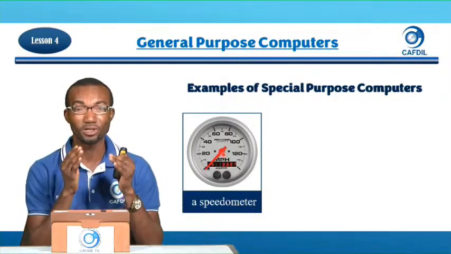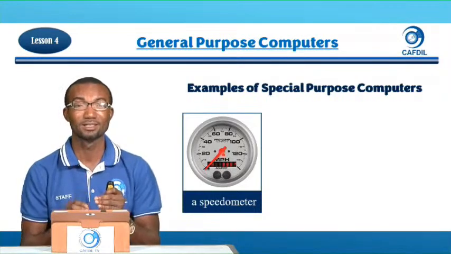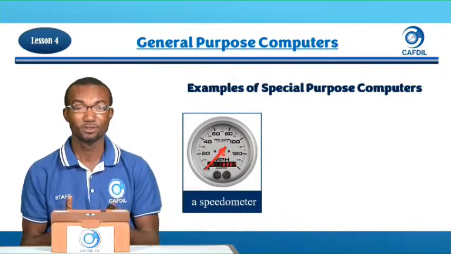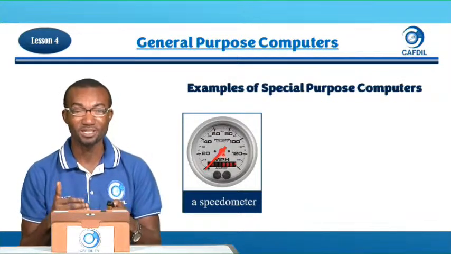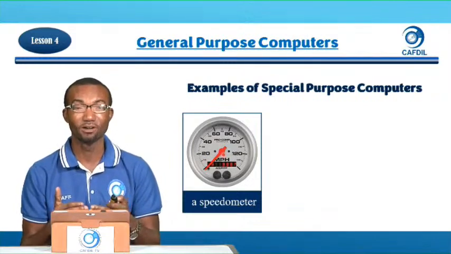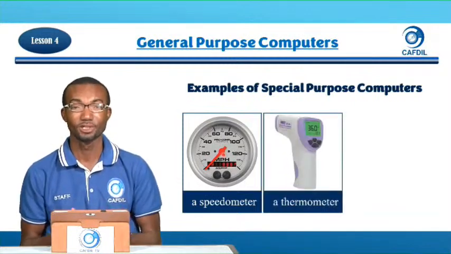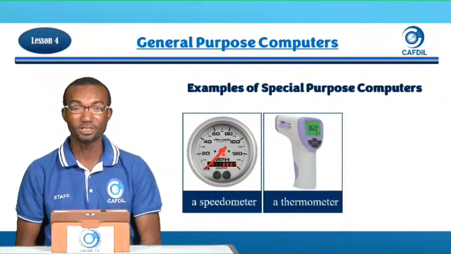If you don't use it to perform that task, then that device becomes useless. So a speedometer is used to measure the continuous speed of an object, and that makes it a special purpose computer. Let's look at the next example. A thermometer. Viewers, what do we use a thermometer for?